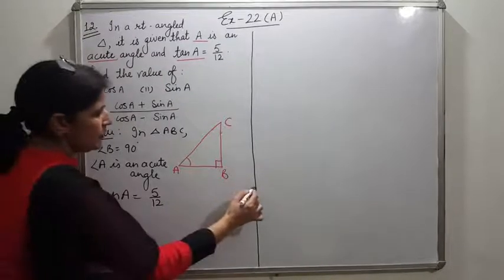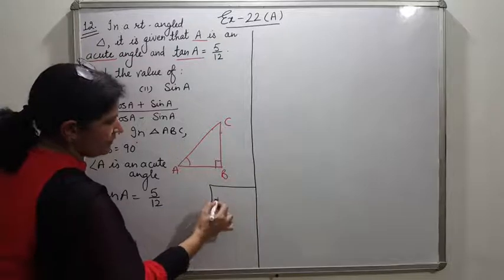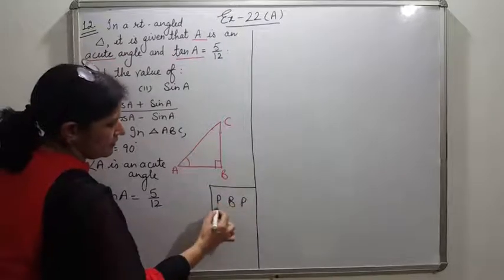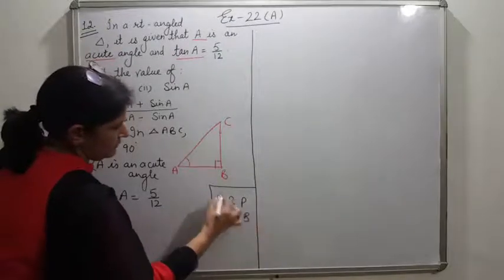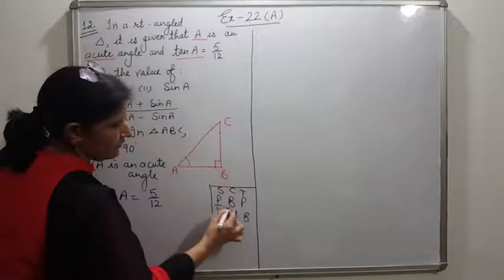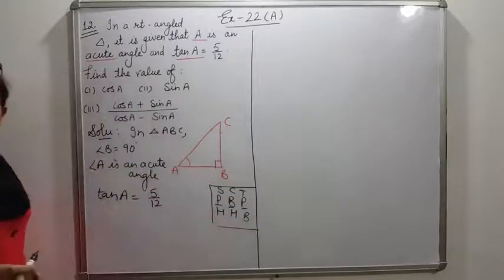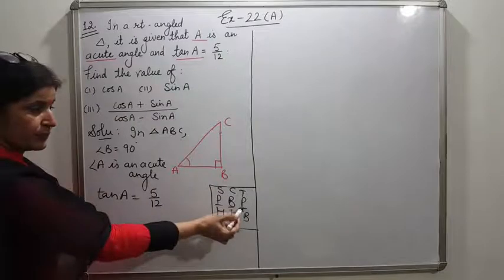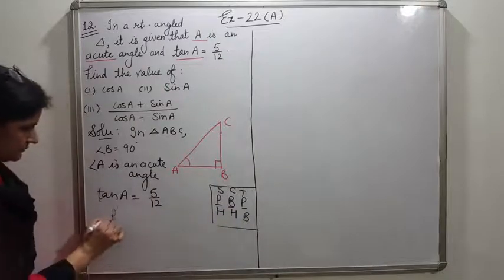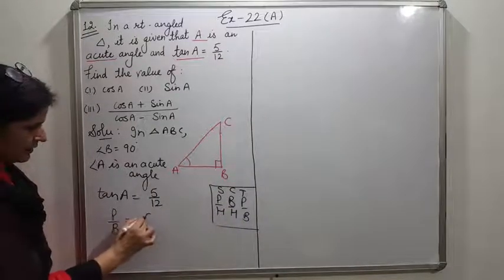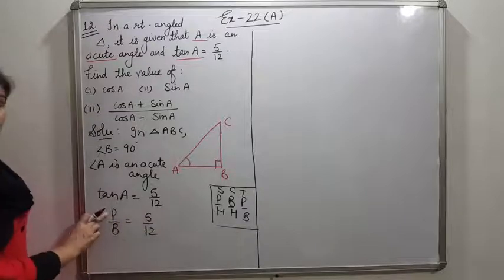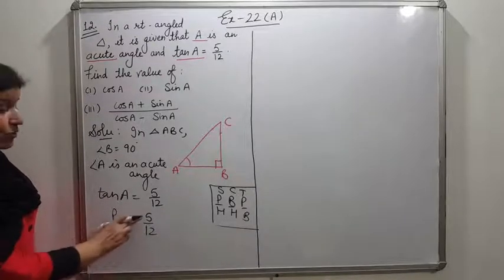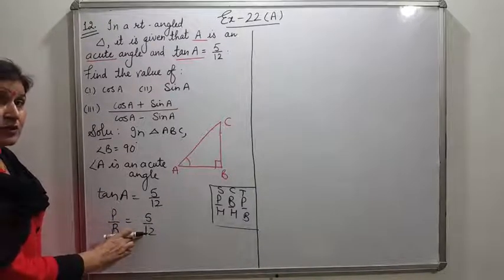As I told you in the previous lecture, you can write here, and we use these ratios to solve the question. So tangent A is P/B. It means the ratio of perpendicular and base equals 5/12.